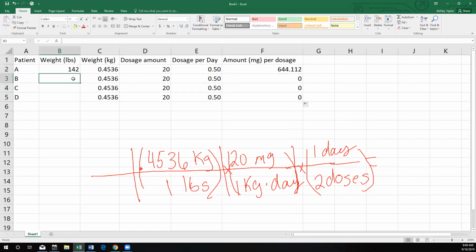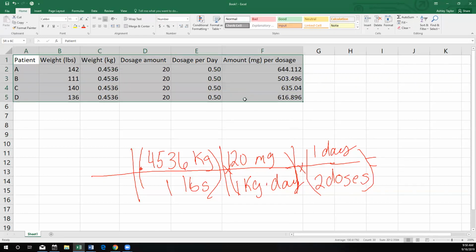And then if I enter in random weights, 111, 140, and 136, then I get my amount of Kelflex that I would need to have per dosage. This is how I do the calculations in Excel.